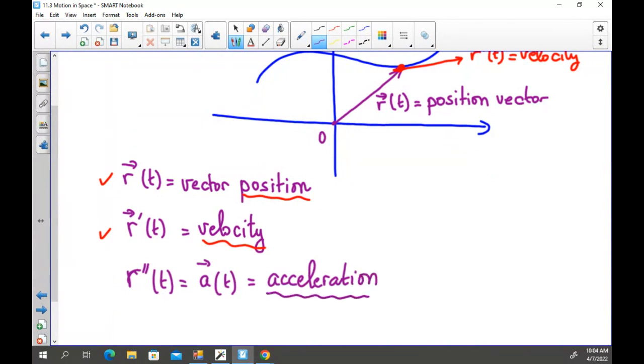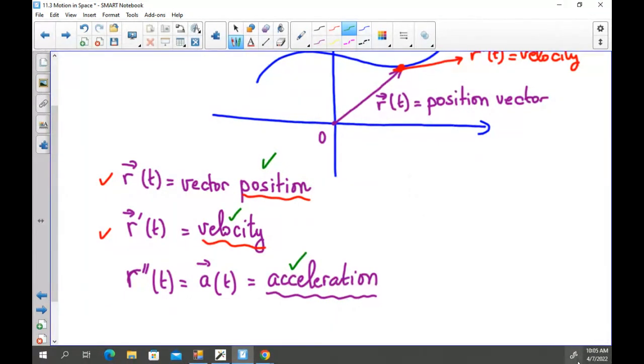Now, there are 3 things here: the position, which is the vector r, the velocity, which is the derivative of r, and the acceleration, which is the second derivative of r.